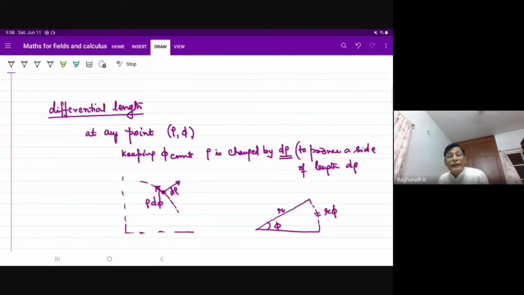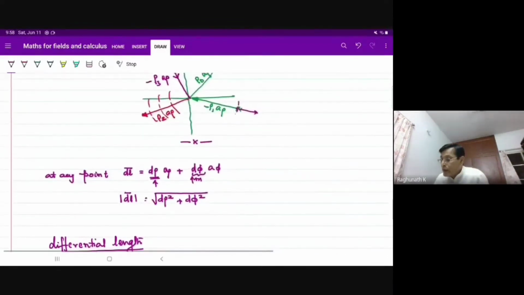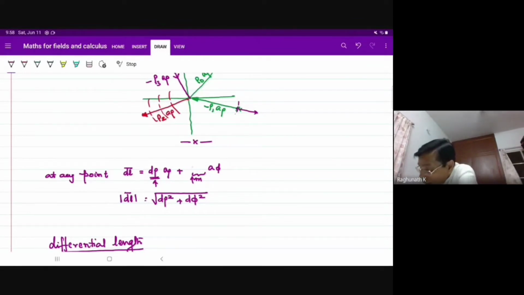Next component is, by keeping rho constant, phi is changed to produce a distance. In fact, here, this actually is what? At any point rho comma phi, this is rho d phi.